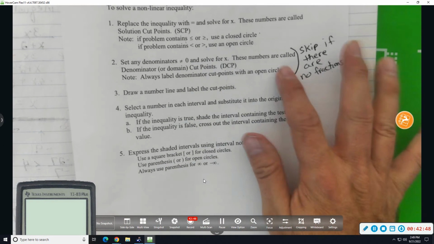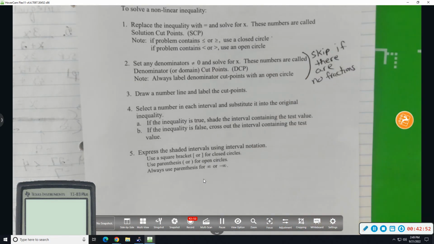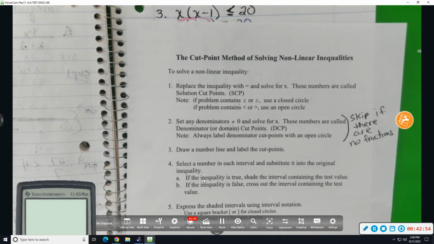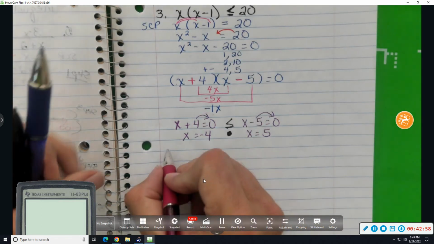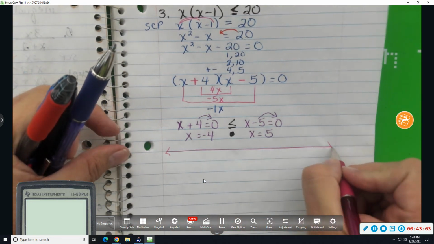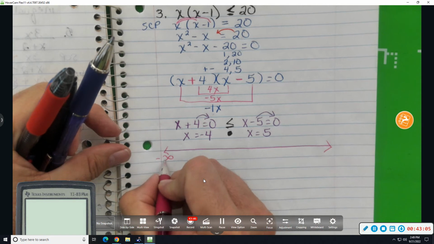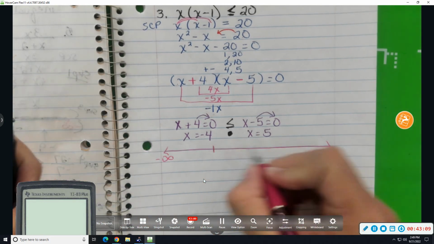If there's no denominator, skip step 2. And there's certainly no denominators in the original problem. So we'll draw our number line. Negative infinity, positive infinity. Oh, good, there's no 8s on the number line.